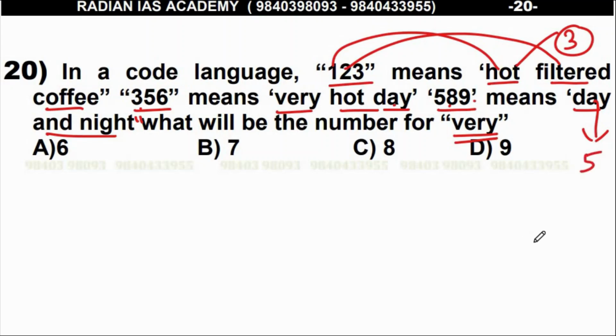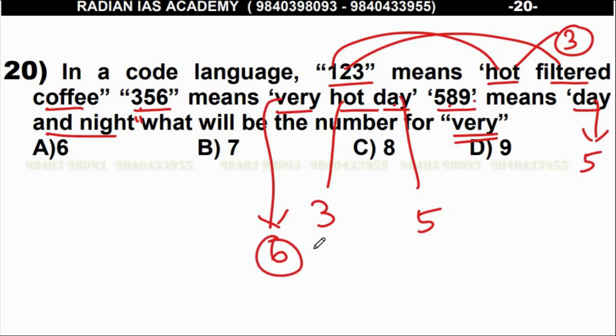When day is 5 and hot is 3, then in 356 meaning very hot day, very must be equivalent to 6. Understood, Vishnu?